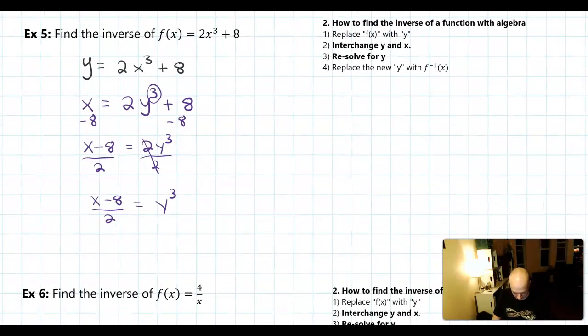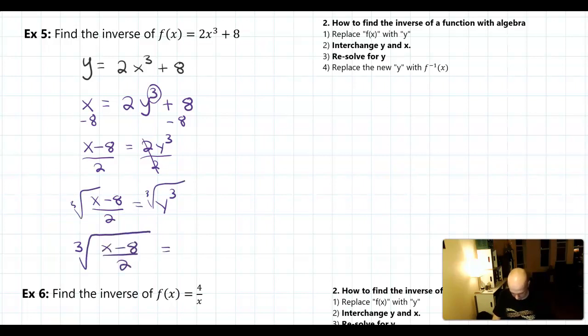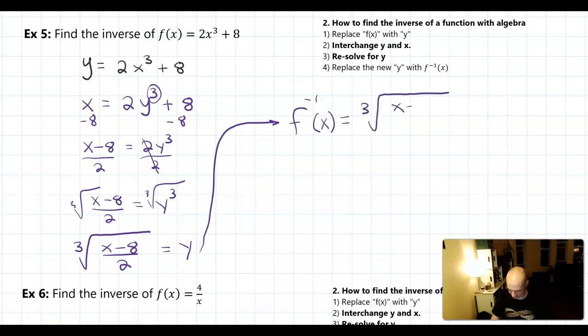Now I can take the cube root, and we just do the cube root of both sides. And I'll rewrite that over here in function notation as f inverse of x is equal to the cube root of x minus 8 over 2.